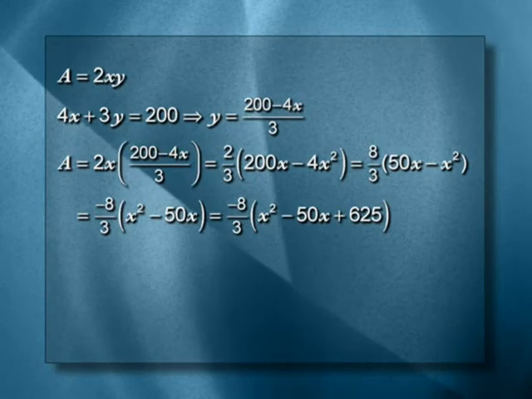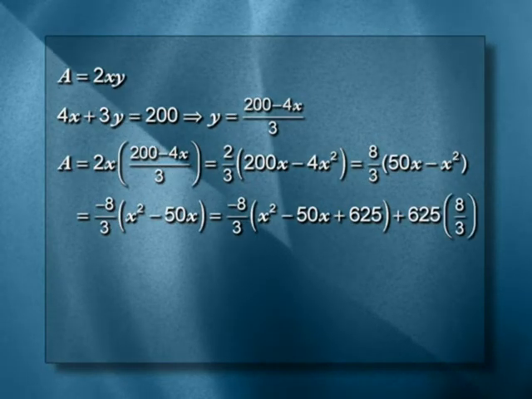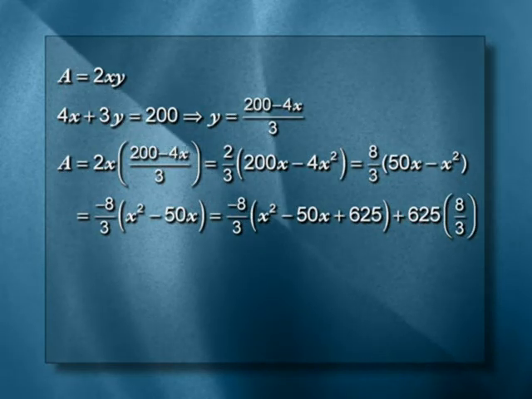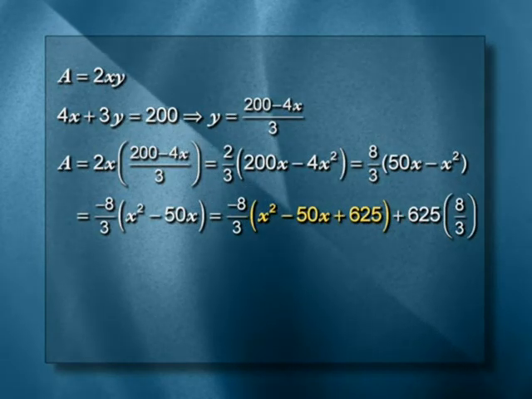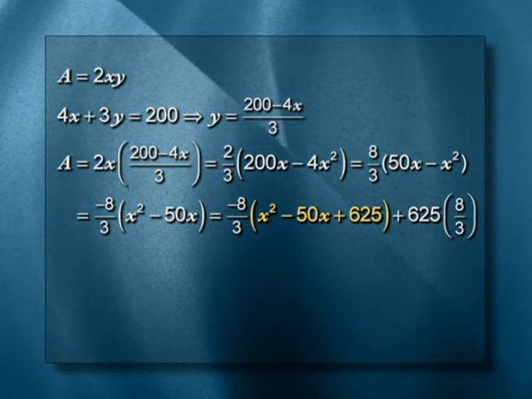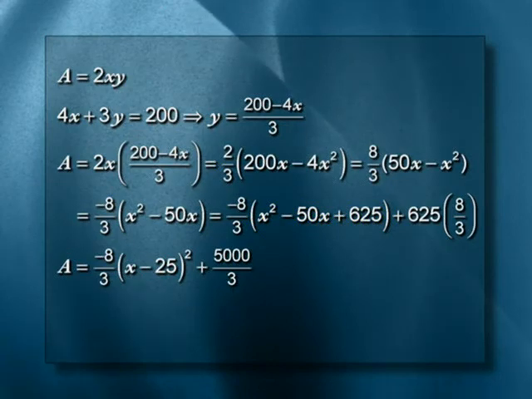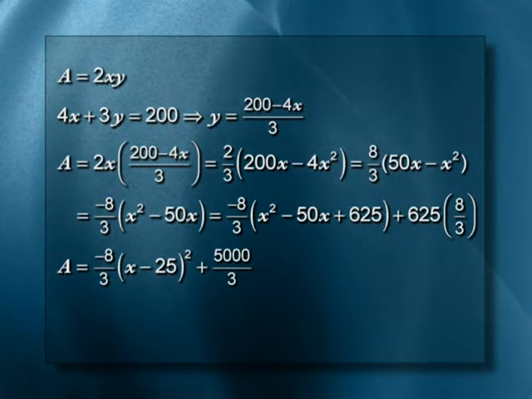So I have to put that back. So at the end, I put in 625 times 8/3, so I don't change the problem. And now that thing in parentheses, x squared minus 50x plus 625, is a perfect square. It's x minus 25 squared. And I have my formula for the area, minus 8/3, x minus 25, all squared, plus 5,000 over 3.